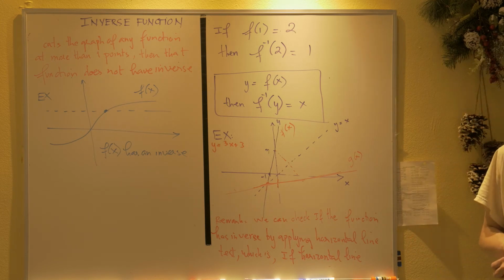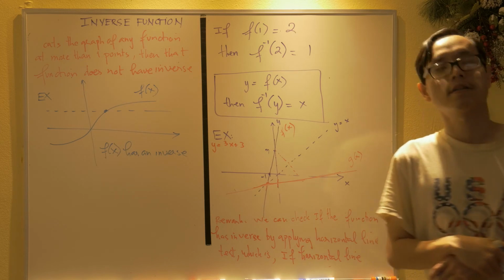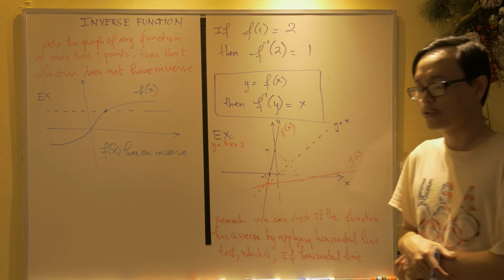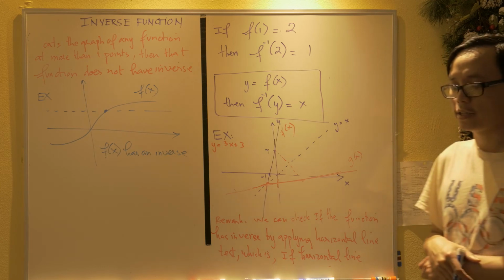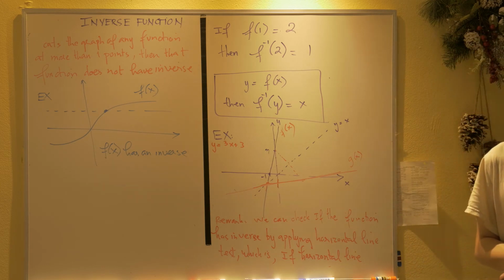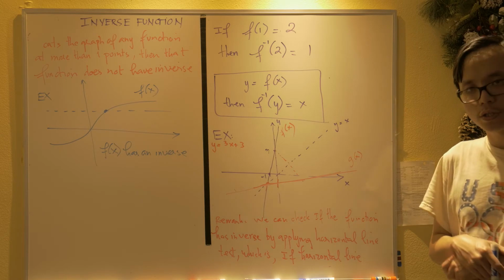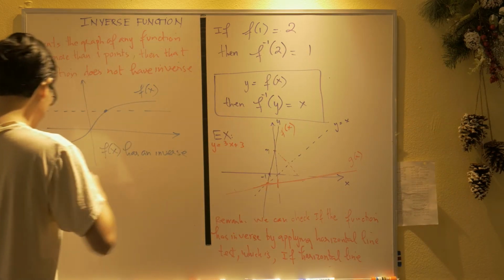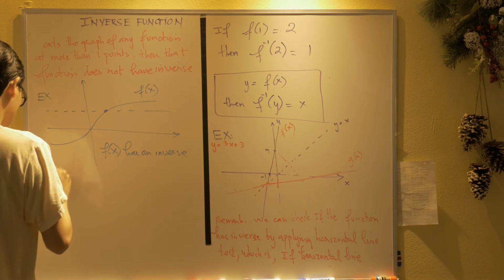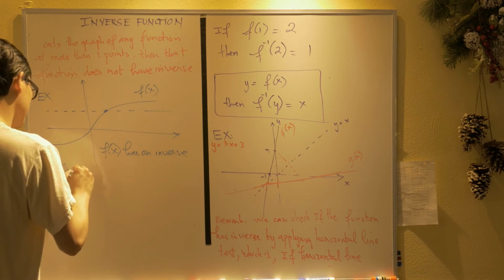Another condition to guarantee, well, it's not guaranteed, it's another condition to satisfy that that function has an inverse. The function must be a one-to-one function. Okay. So on the second part, I want to talk about one-to-one functions.